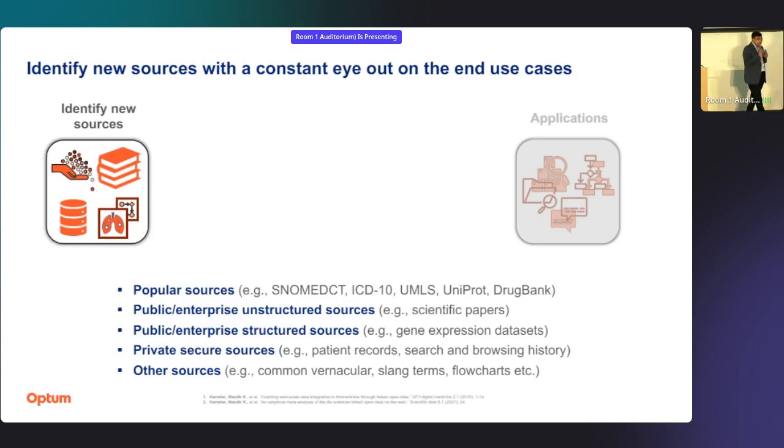But it's always important to identify your sources which are useful for your end use case, and not get into the mentality that we're going to build a knowledge graph and people are going to come and use the knowledge graph. That never happens. You could think about different sources like public, enterprise, private, secure, popular sources which are open, obviously with licenses like SNOMED CT, ICD-10, UMLS, UniProt, etc.